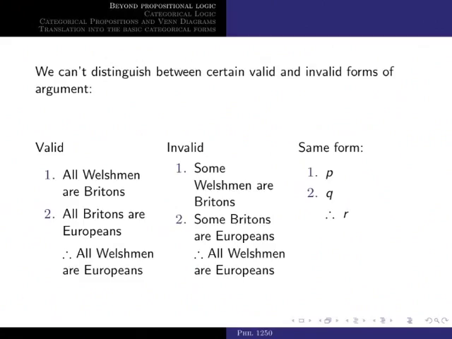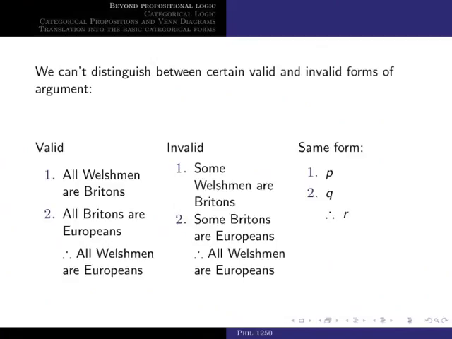Now compare this argument, which was valid, to another argument that is invalid. For instance: some Welshmen are Britons, some Britons are Europeans, therefore all Welshmen are Europeans. Well, this argument is clearly invalid. Nevertheless, both arguments, as far as propositional logic is concerned, would have the same form: P, Q, therefore R. Therefore, in propositional logic, we can't distinguish between certain valid or invalid forms of argument.